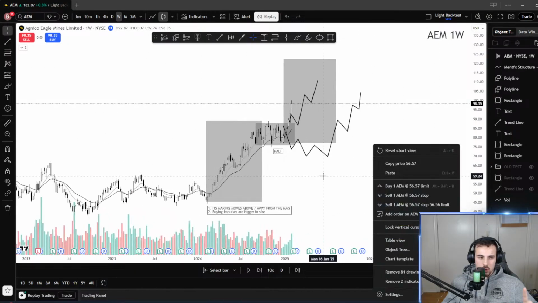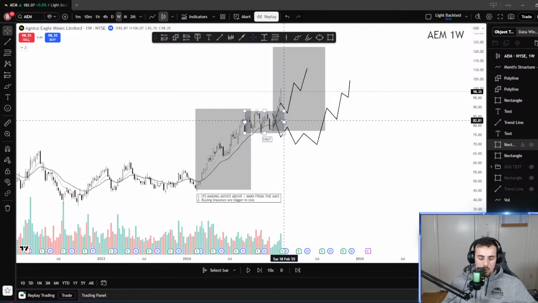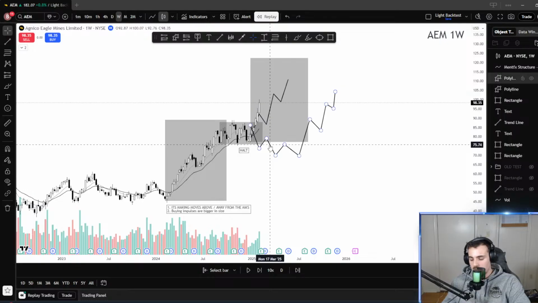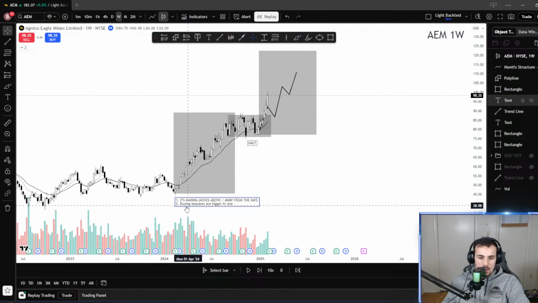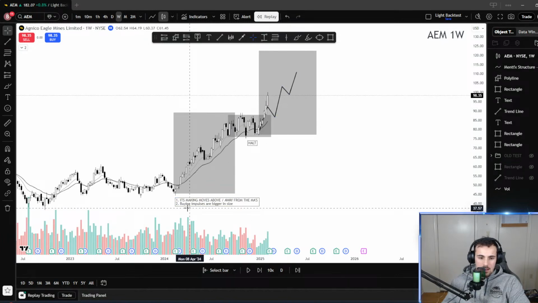We are looking for structure to showcase that it wants to move in the given direction of our higher time frame. So now that we have a first sign that this is potentially going into a trending environment, I'm going to delete this. It's made a move away or above the MAs, right? And now the buying impulses are bigger in size.